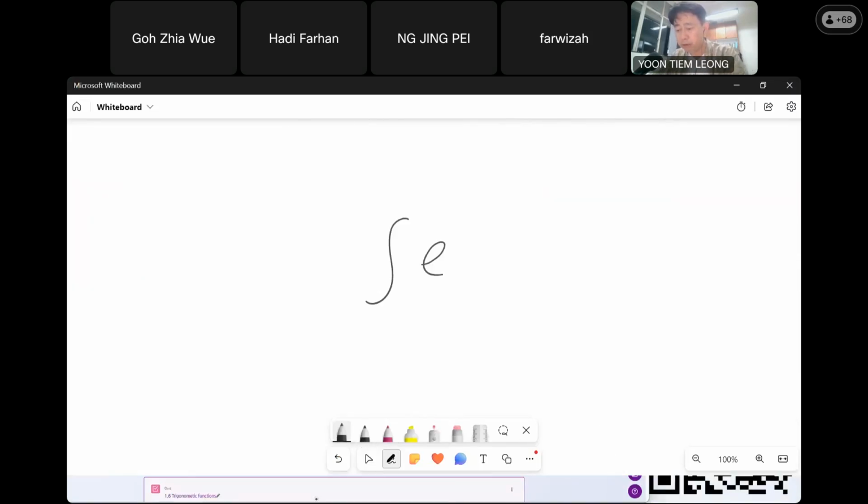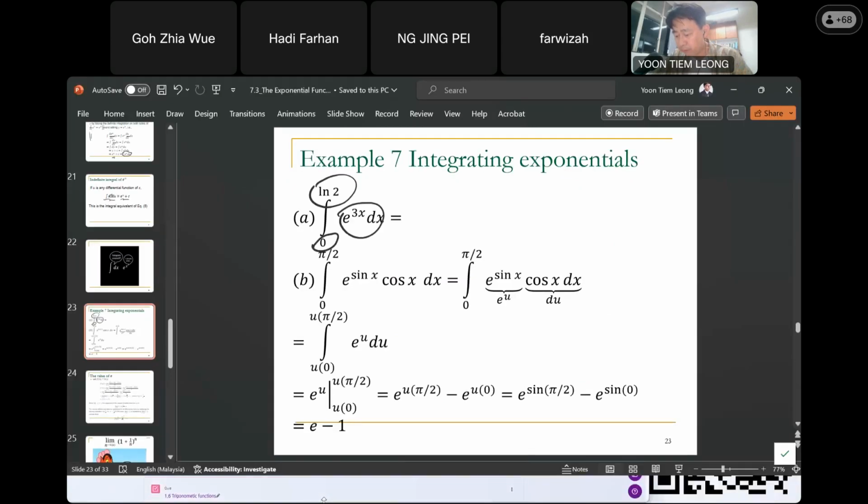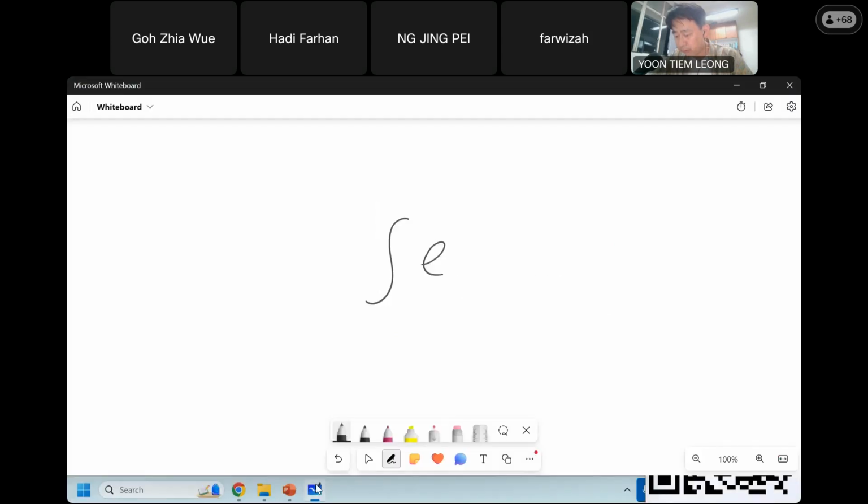So how to calculate the integral of e^(3x) dx, integrated from 0 to ln 2? Let me check again, I keep forgetting my slide. You can perform this very simple integration by substitution.